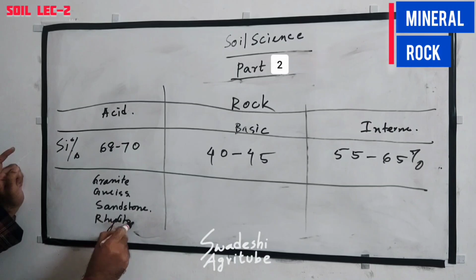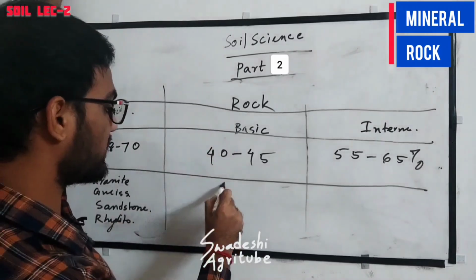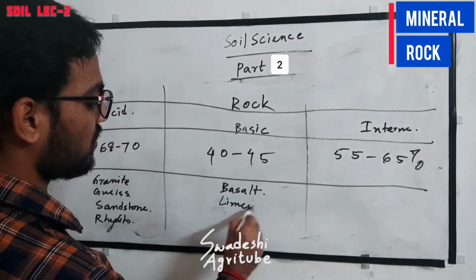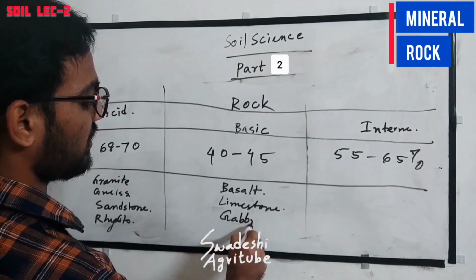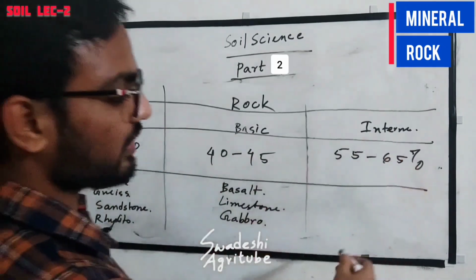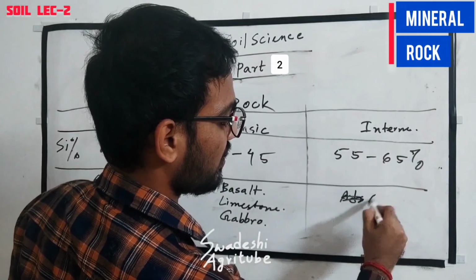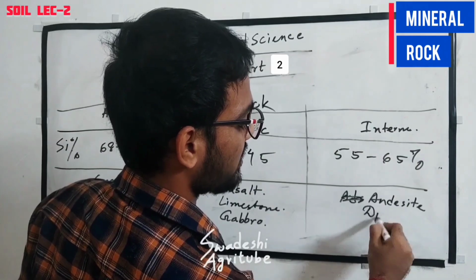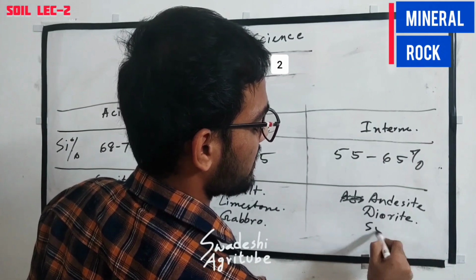The important examples of basic rock are basalt, limestone, and gabbro. And other important examples of intermediate rock are andesite, diorite, and syenite. These are the important examples.